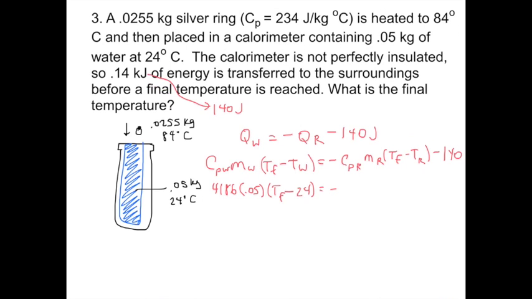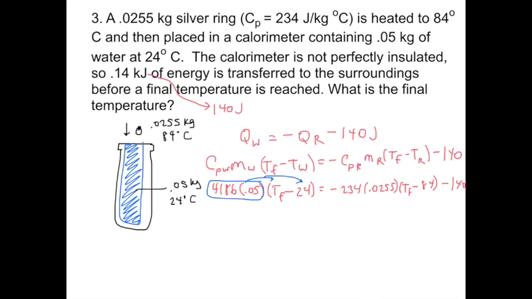We know that the specific heat capacity for the silver ring is 234. Then its mass is 0.0255. We still have this final temperature that's unknown, minus its initial temperature of 84 degrees, and then that all minus 140. Now I'm going to multiply some of these values together and distribute.